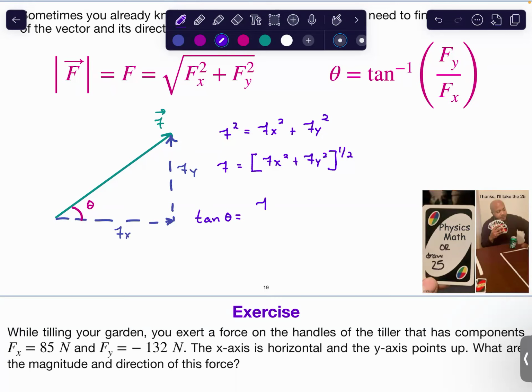Opposite over adjacent, so Fy over Fx. So then I'm just gonna inverse tangent both sides. And so I end up with the direction formula.